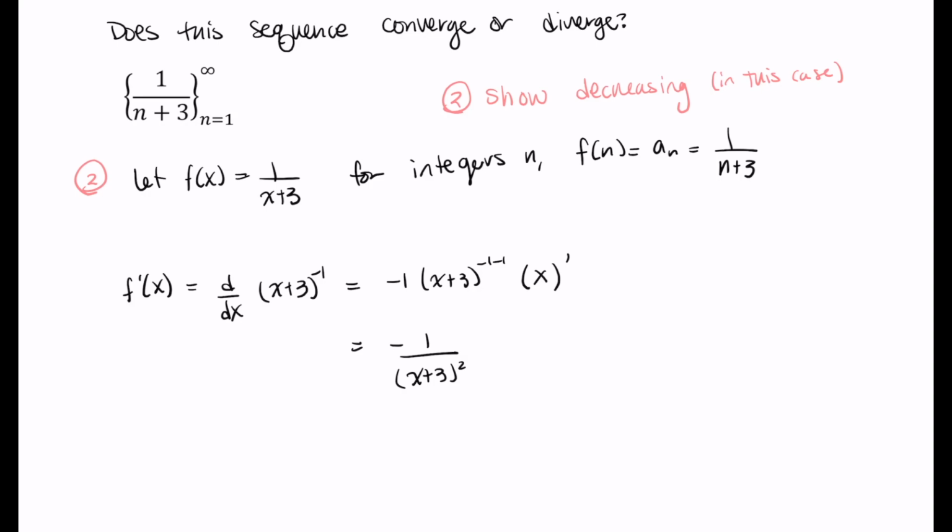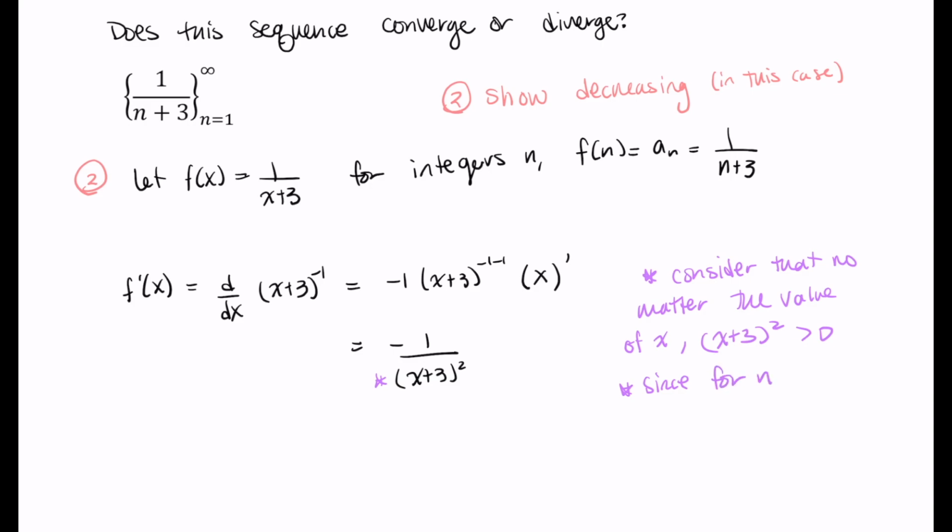Now, this is certainly always less than 0. And if you don't see this, just consider that whether or not x is positive or negative, x plus 3 squared is always going to be greater than 0. If for some reason this became a negative quantity, we'd square it and we'd get a positive value. But now consider even further that it's never actually going to even be negative, since for n greater than 1, n plus 3 is always greater than 0.